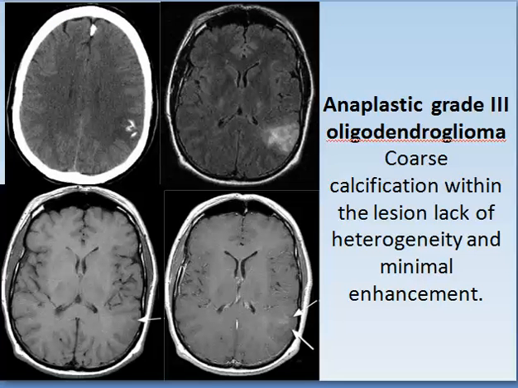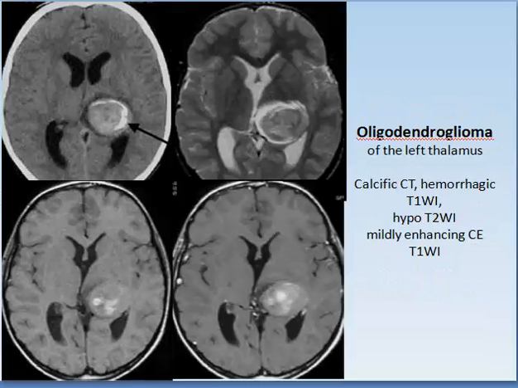We have a more aggressive form, anaplastic, again with calcification, mass effect and calcification, no significant edema, minimal enhancement. The main key point is the presence of calcification with the lack of enhancement. Oligodendroglioma: the more infiltrative, the more aggressive the form is.